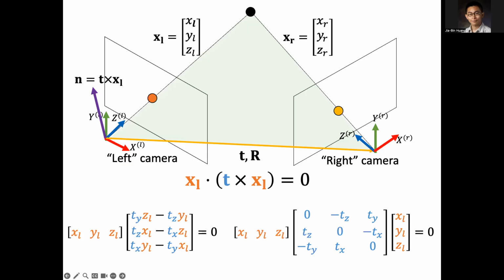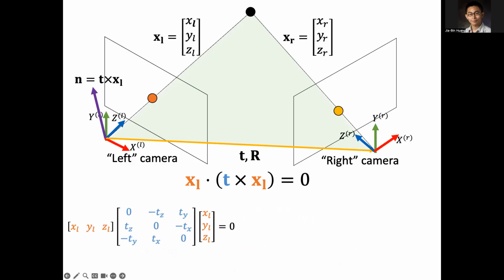This matrix vector product is the same thing as the cross product between T and XL. I'm not doing anything new, I'm just rewriting it in matrix vector form. So far I have this.